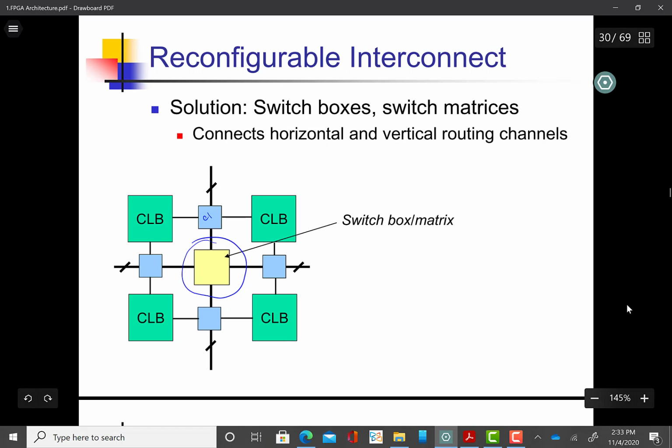These are connection boxes or CBs, and this is our switch box or SB. Now a switch box is interesting because it can connect horizontal and vertical channels. All the horizontal and vertical routing wires can be connected, so you can change the direction from horizontal to vertical or from vertical to horizontal.